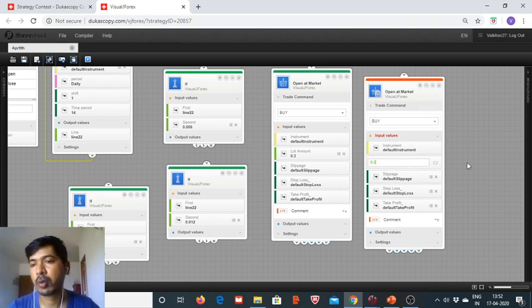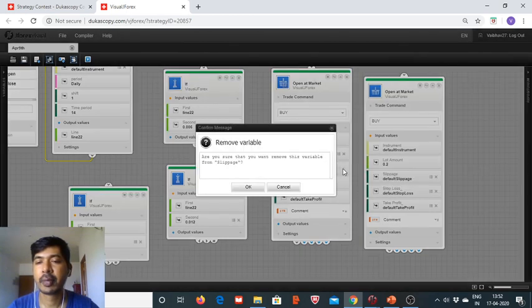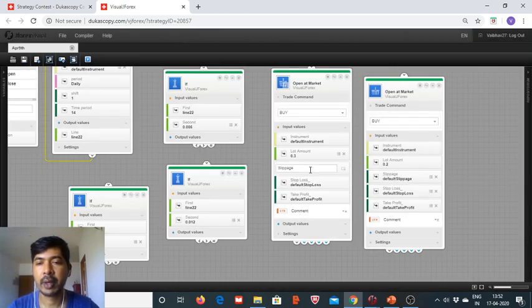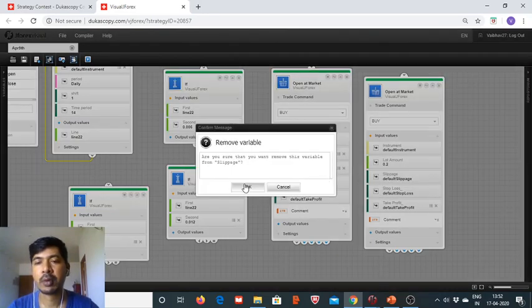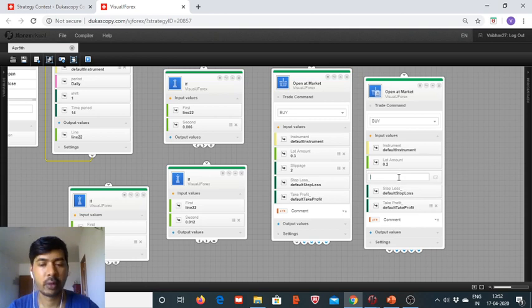We have one more block of 0.1 million already. Slippage will be kept at 2 pips. And here we got 2 pips.